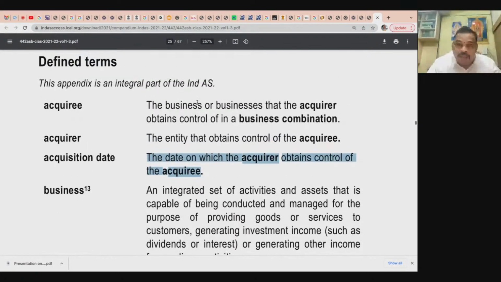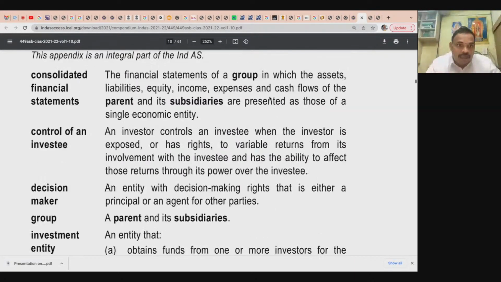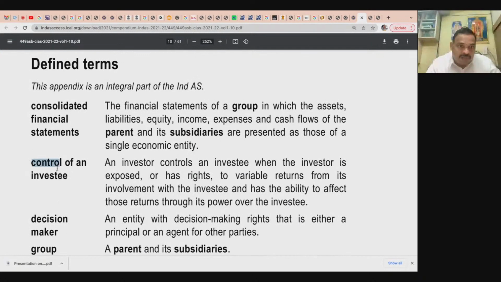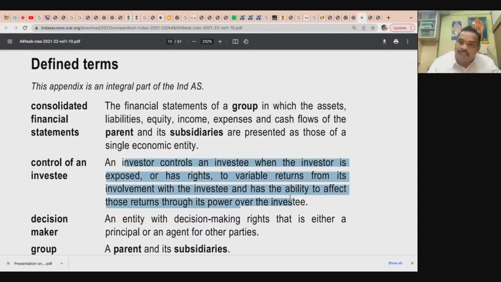Then where is it defined? Ind AS 110. So you go to 110, the term control, control of an investee. An investor controls an investee when an investor is exposed or has rights to variable returns from its involvement and has the ability to affect those returns through power over the investee. So this one paragraph alone, if I have to explain, I need to explain in 1 hour.